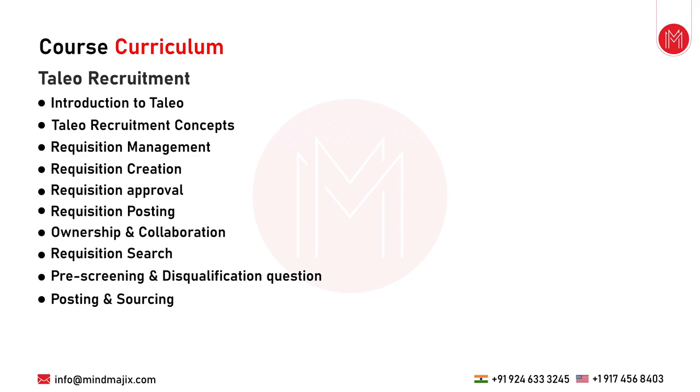Now, as I said, the hiring manager raised a requisition and it has gone to the recruiter to key in the other details. The recruiter's job here is to fill in the rest of the details. So when we are raising a requisition, what all sections does it hold? In the first step, the hiring manager just raised a requisition, just initiated a process and filled in only a few details, right?